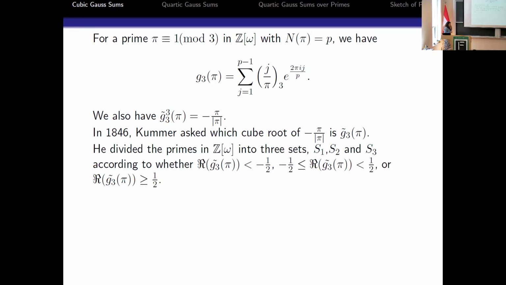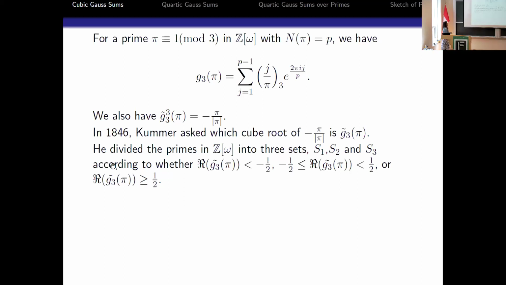So instead he considered the problem from a statistical perspective. He divided the primes in Z[ω] into 3 sets, S1, S2, S3, according to whether the real part of the normalized Gauss sum is between -1 and -1/2, or between -1/2 and 1/2, or between 1/2 and 1.